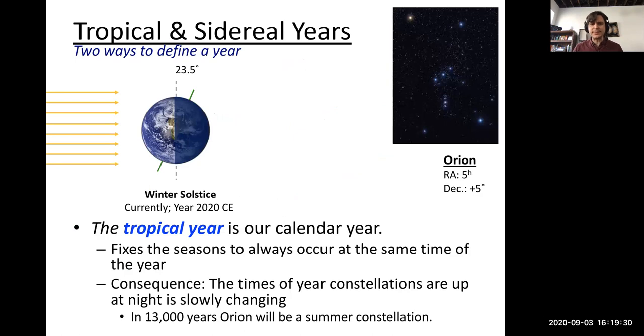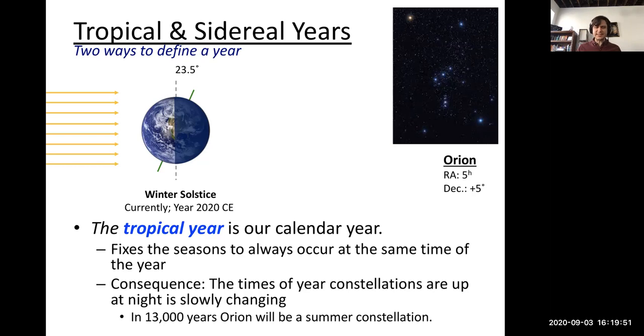And why do we set that to be our calendar year? Because this is going to fix the seasons so they always occur at the same dates every year. We always have summer in June. We always have our vernal equinox at about March 21st. Winter is always in December and January.